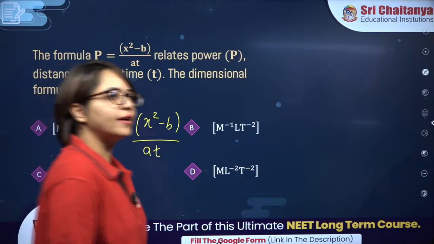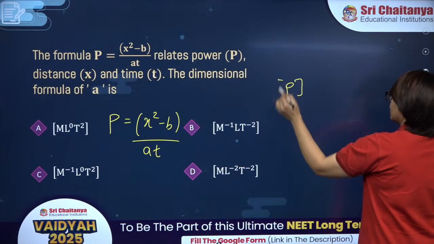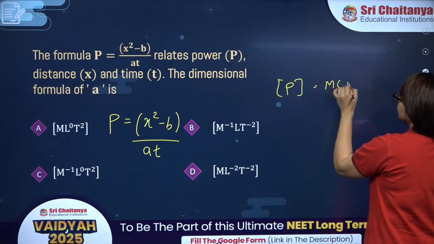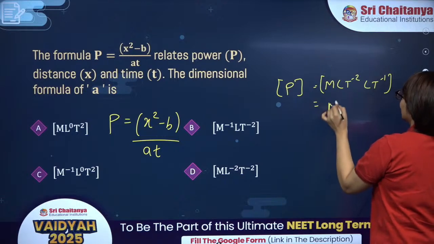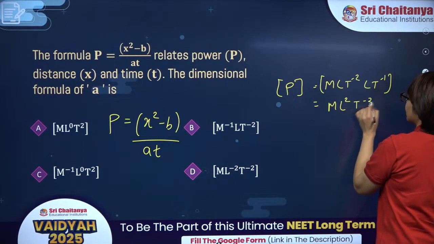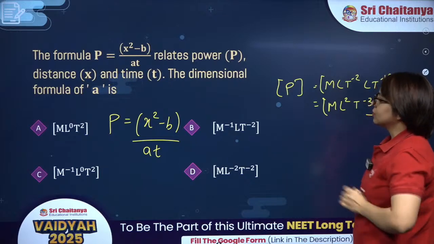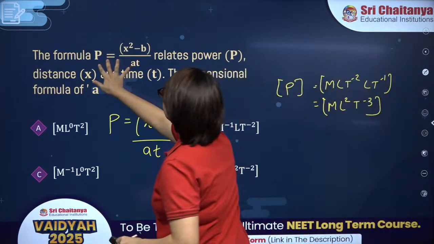Option C, well done. Power is force into velocity, right? So force is M L T minus 2, velocity is L T minus 1. So it will be M L square T minus 3. That is the dimensional formula of power. Now, according to the principle of homogeneity, we equate similar physical quantities.